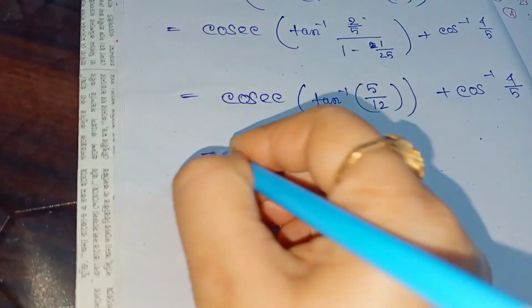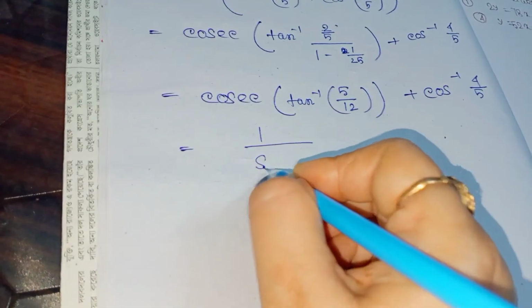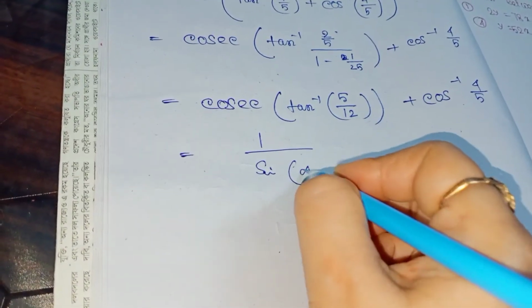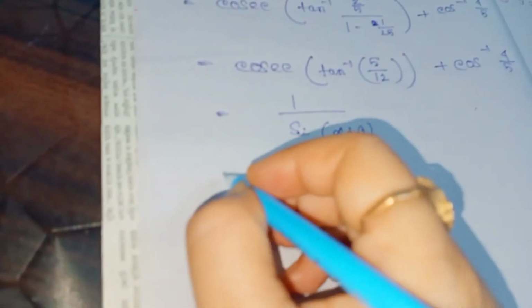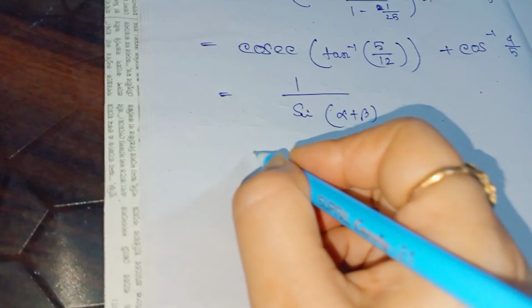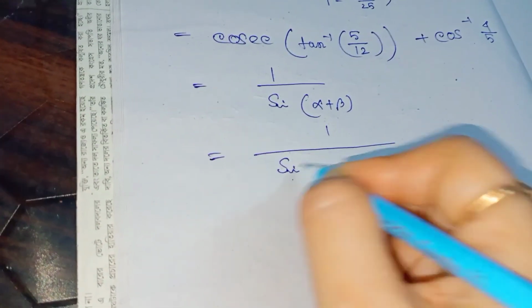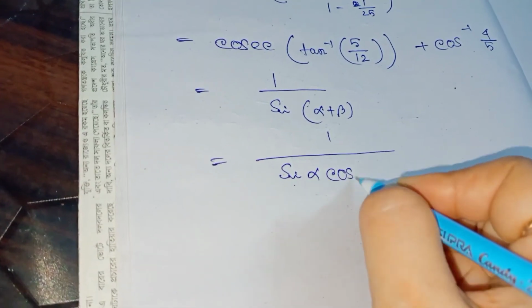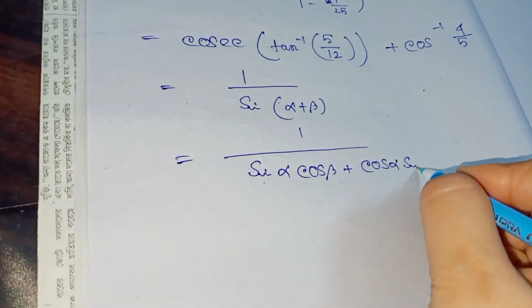If we take this as alpha plus beta, this is 1 by sine of alpha plus beta. When you split this, it is sine alpha cos beta plus cos alpha sine beta.